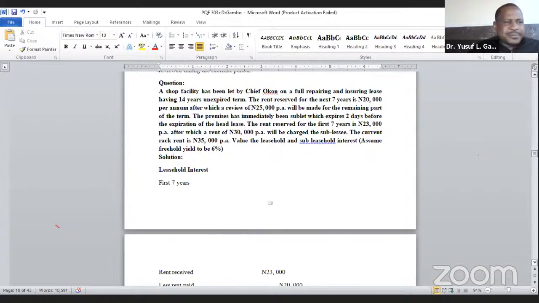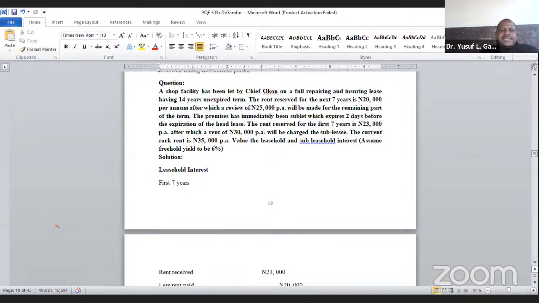So now, a shop facility has been leased by Chief Okon on a full repairing and insuring lease, having 14 years unexpired term. The rent reserve for the next 7 years is 20,000 per annum, after which a review of 25,000 per annum will be made for the remaining part of the term.